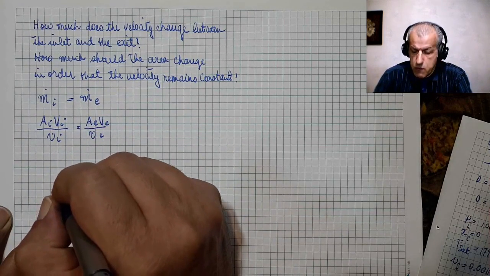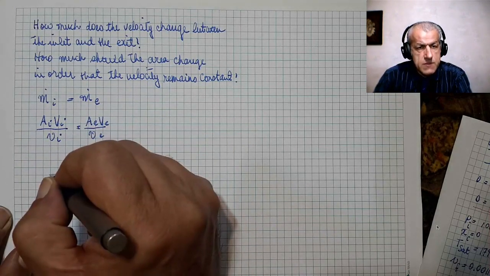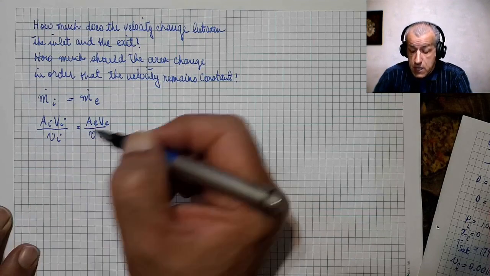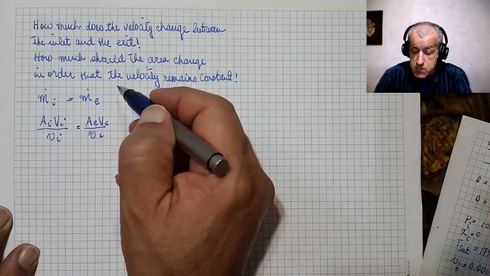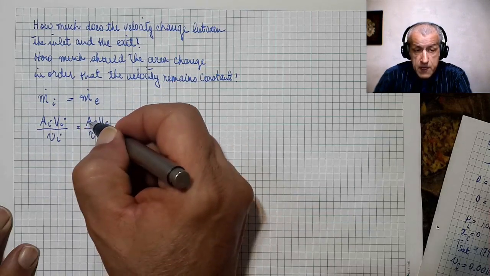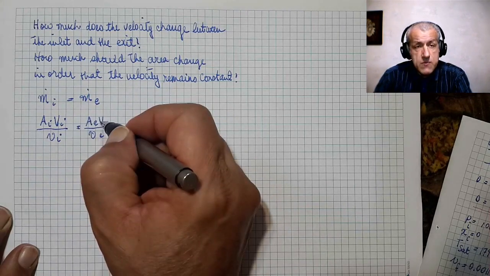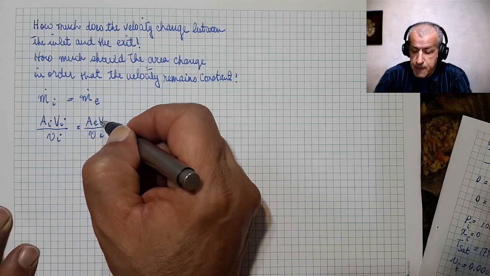Now, we know the specific volumes, and we can answer these two questions. How much should the velocity change? If we keep AI equals AE, we would know a ratio between inlet and exit velocities.